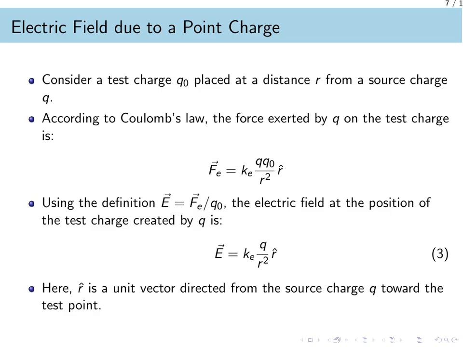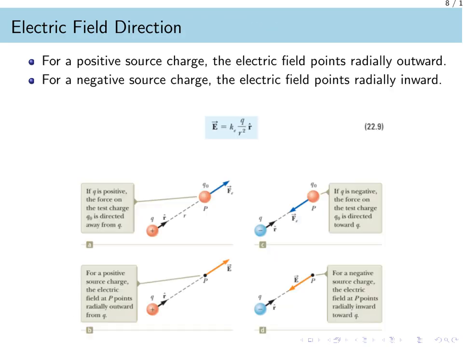Using our definition of the electric field as force divided by the test charge, q naught cancels out. The electric field created by the point charge is K sub E times q divided by r squared times the unit vector r hat. Here, r hat is a unit vector directed from the source charge toward the point of interest.